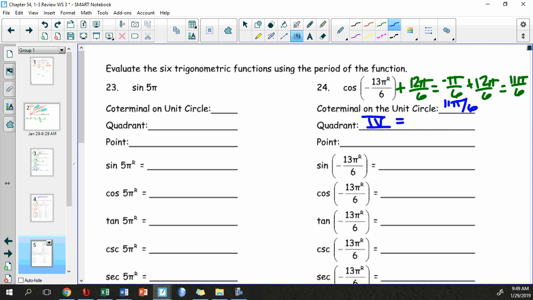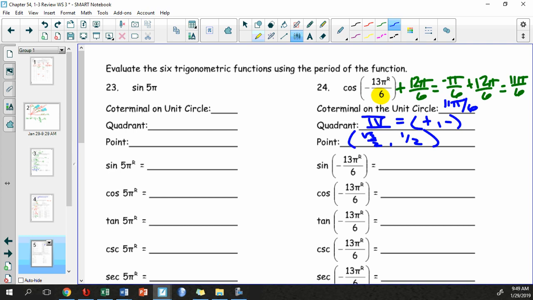And in quadrant 4, what do we know about my cosine and sine values? In quad 4, positive, negative, right? Which means, what is the ordered pair that I should be thinking about? Ding, ding, ding, and I already knew the angle because it has a denominator of 6. So hands of the clock, 0, 1, 2, 3. That is going to be the square root of 3 over 2, comma, a half.